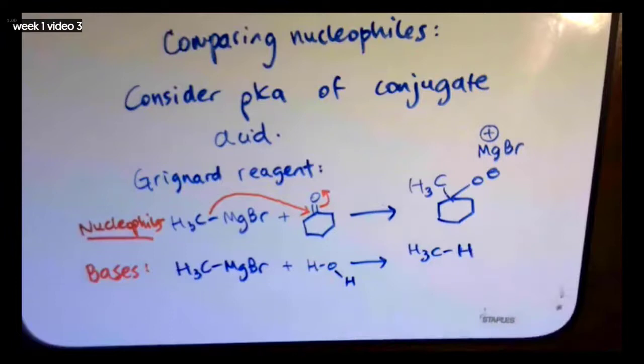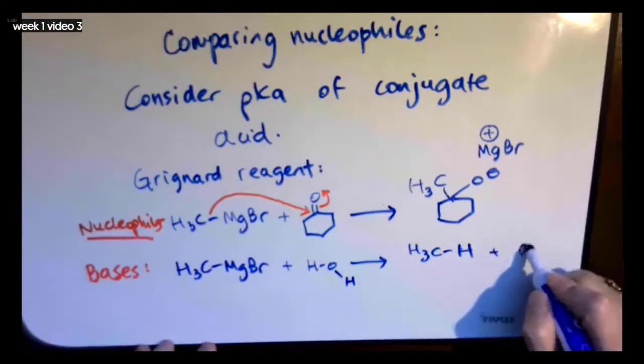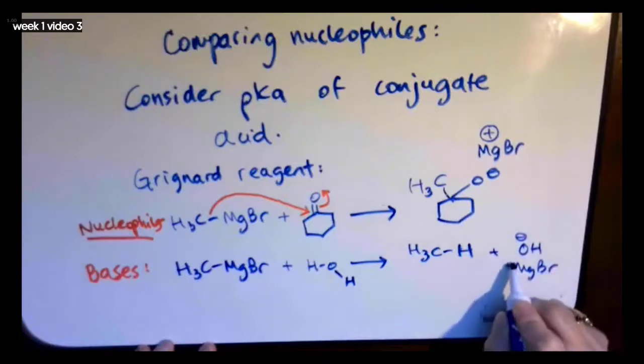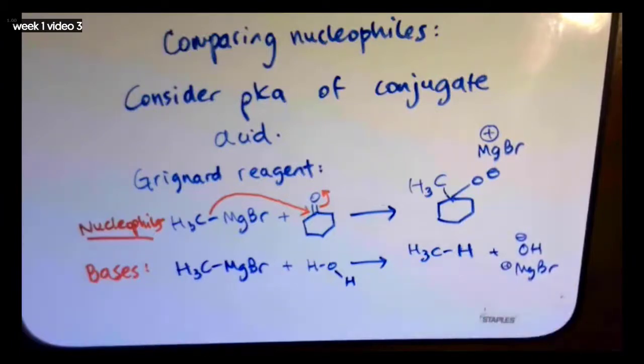We protonate it, right? And magnesium hydroxide is going to be the byproduct of that reaction.